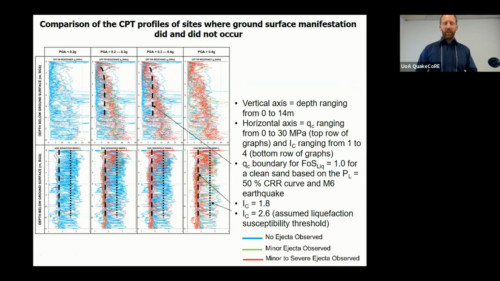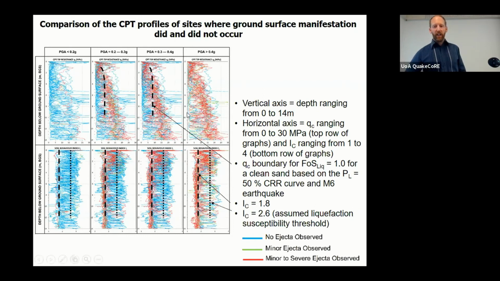Now, all of these CPT profiles that we are examining here, most of them are ones where liquefaction was being predicted. So it starts to provide a little bit of insight into where our methods might be going wrong or mispredicting.